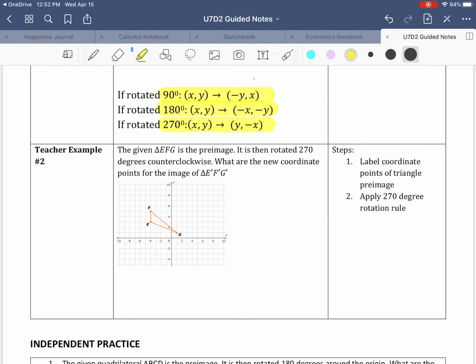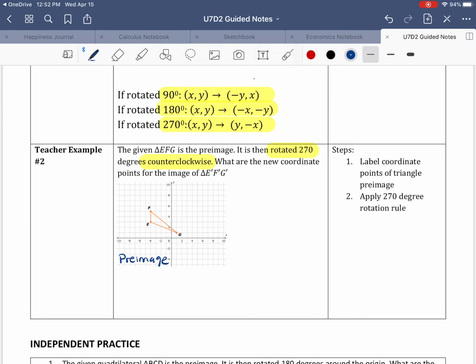Let's see how we can apply these rules in this teacher example here. So we're given a triangle EFG. It is rotated 270 degrees. And this one tells us counterclockwise. If it didn't say counterclockwise, we would still assume that it's counterclockwise. And then what are the new coordinate points for the image E prime, F prime, G prime? So we'll start the same way.